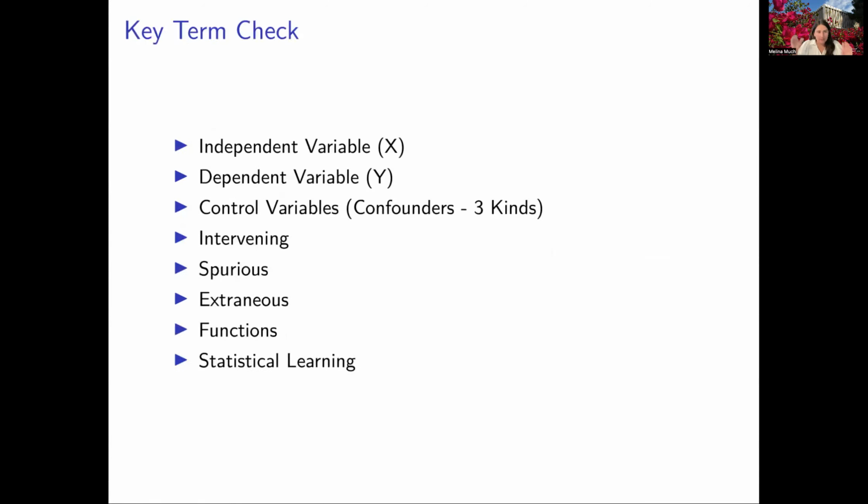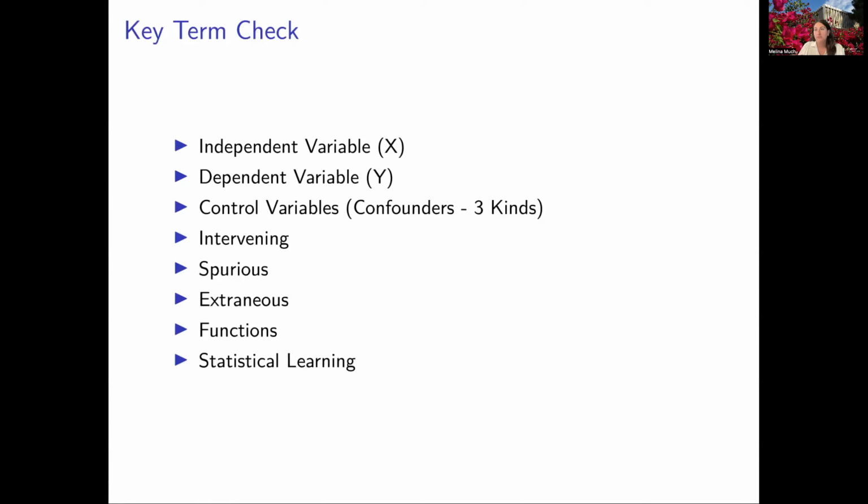So let's go back for a key term check. We have independent variables, which are our X's, that's the cause. We have dependent variables, which are our Y, that's the effect. We have control variables; there are three different kinds of these confounder controls: intervening, spurious, and extraneous.